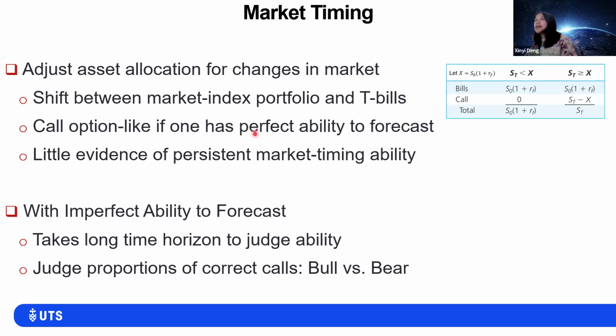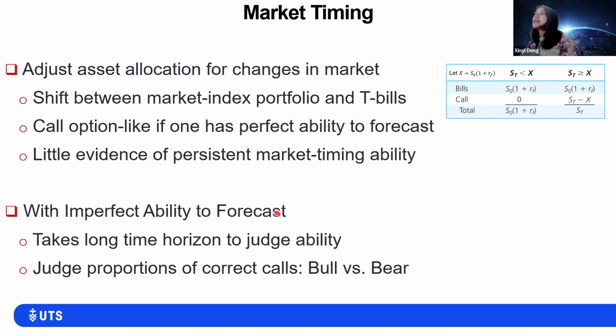But in reality, there is little evidence of persistent market timing ability. And the example we just discussed is actually associated with perfect ability to forecast. So how do we deal with scenarios with imperfect ability to forecast?